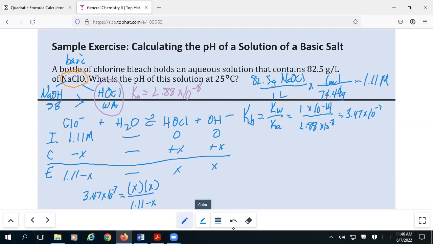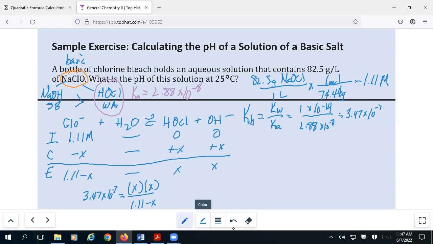Since my Kb value is relatively small, I can check and see if the 5% approximation would work here. 5% of 1.11 is 0.0555, so 5.5 times 10 to the negative 2nd. So we're talking about 5 orders of magnitude between that value and Kb.